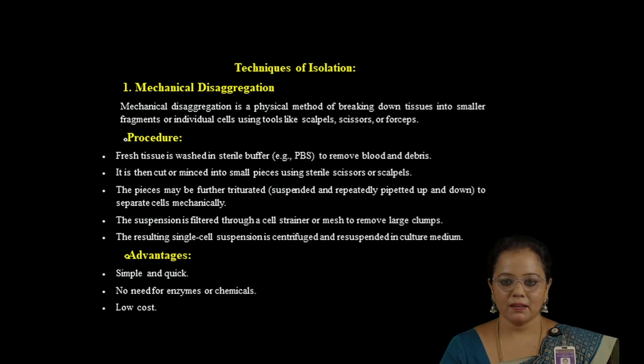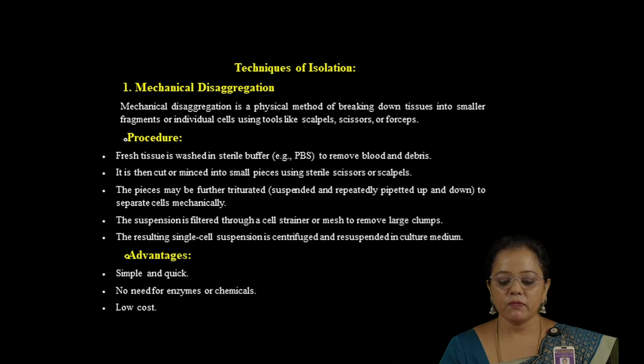First one is mechanical disaggregation. In this method, it is a physical method where the tissues are broken down into small fragments using tools like scalpels, scissors or forceps. The procedure is: first the fresh tissue should be washed with sterile buffer to remove the blood and debris. Then it is cut or minced into small pieces using sterile scissors or forceps.